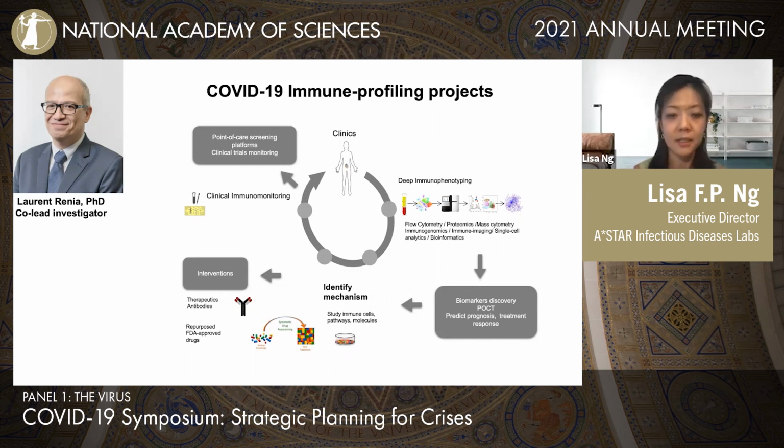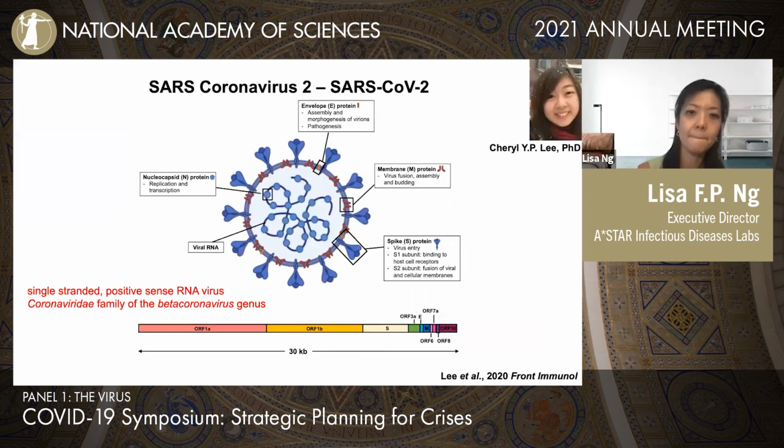And of course, the next thing was also to understand the various mechanisms of the various inflammatory pathways, and how this would then enable the possible intervention either with FDA-approved drugs or the development of therapeutics such as human monoclonal antibodies.